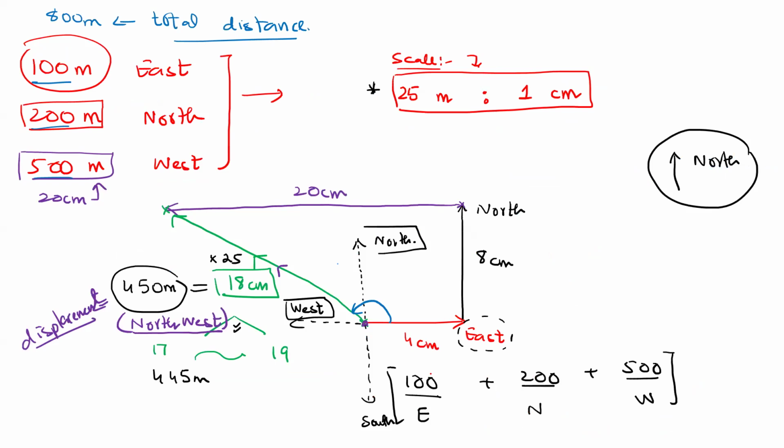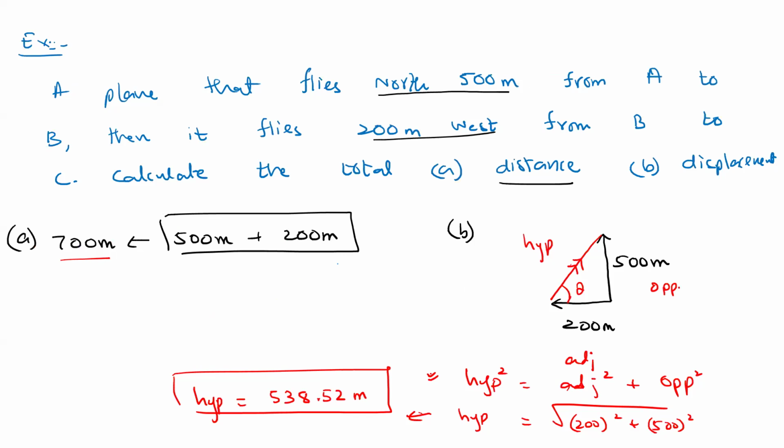There were three vectors: 100 meters east, one displacement; 200 meters north, that's second; 500 meters west, that's third. So there are three vectors, not two, so we have to draw. We cannot do anything other than drawing there. Here we can approach through a different idea, but we can still draw it and we'll get the same answers as we just did. Is this understood by everyone?